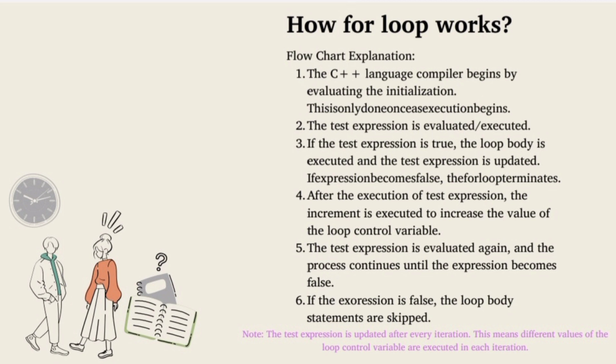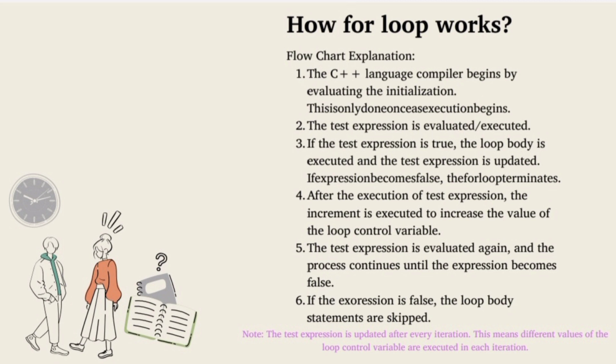Fourth, after the execution of the loop body, the increment is executed to increase the value of the loop control variable. Fifth, the test expression is evaluated again, and the process continues until the expression becomes false.